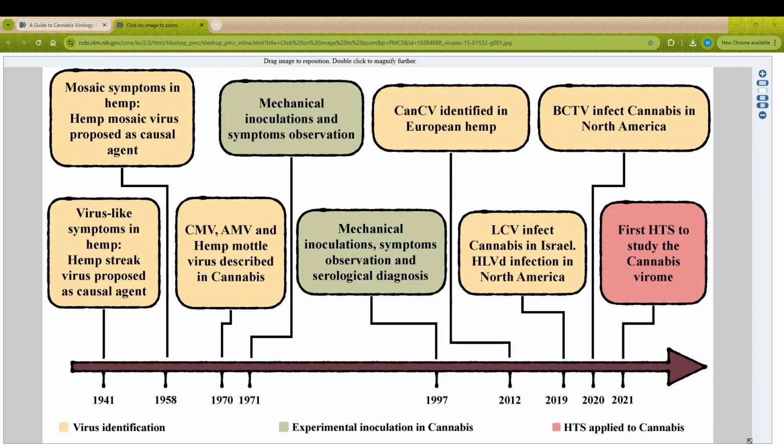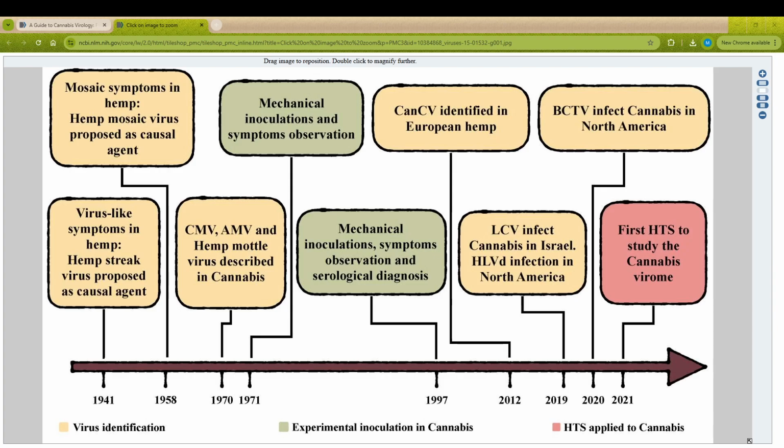Alright, so back in 1941, guys, we were already seeing virus-like symptoms in industrial hemp. Hemp streak virus proposed as a causal agent. So a causal agent is what caused it, right? So that means that there was some kind of virus going through cannabis in 1941.